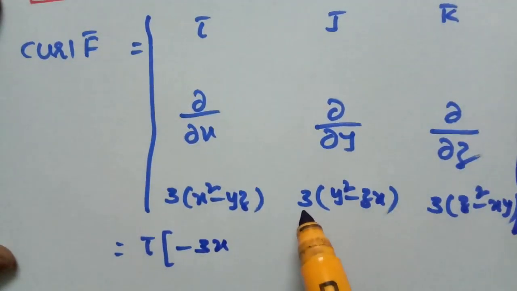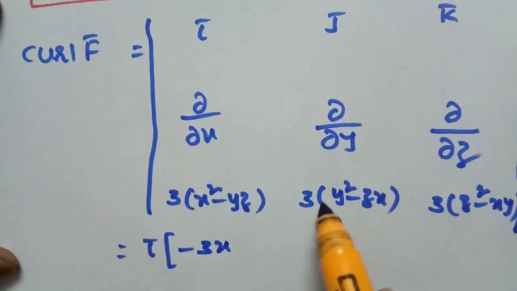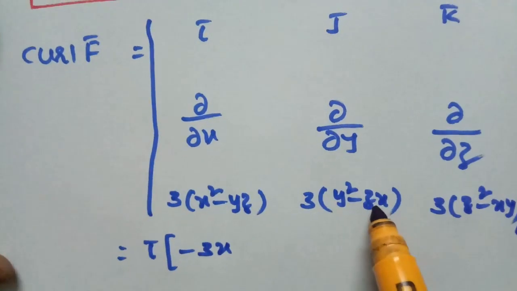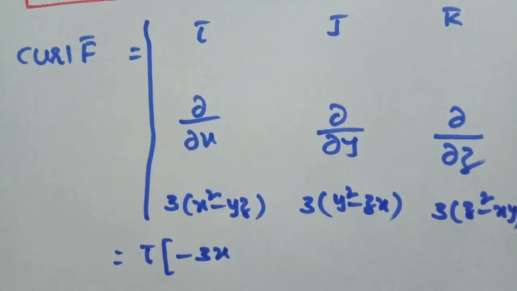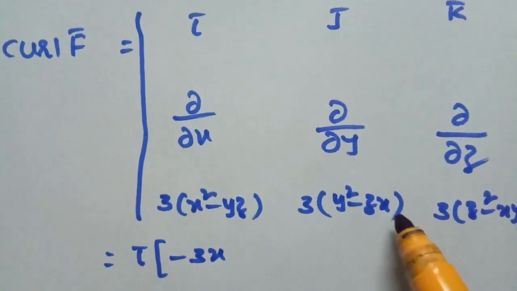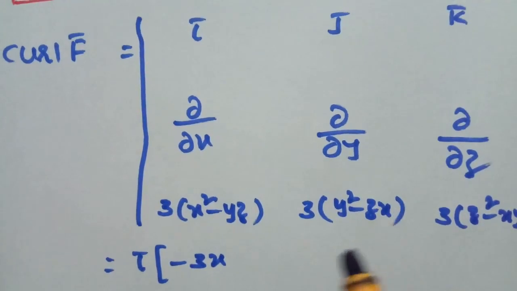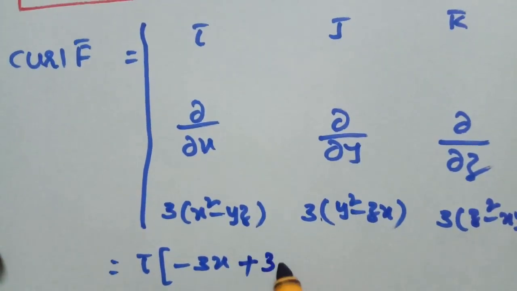Next, minus the partial derivative of 3 into (y square minus zx) with respect to z. The y square derivative is 0. Here the z derivative is 1, x is a constant. Minus of minus, plus 3 into x.